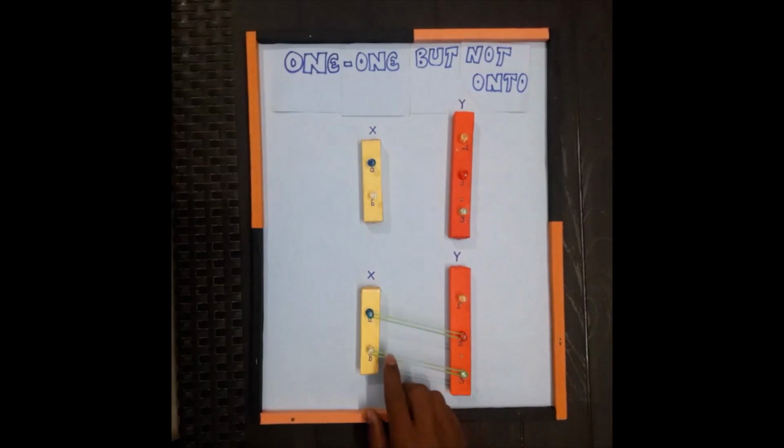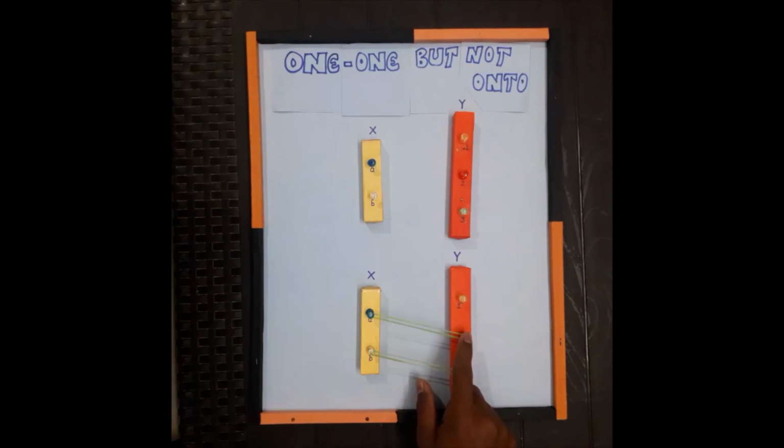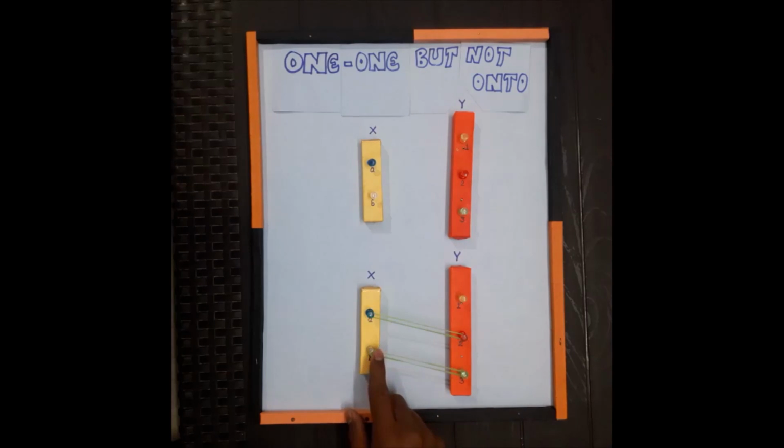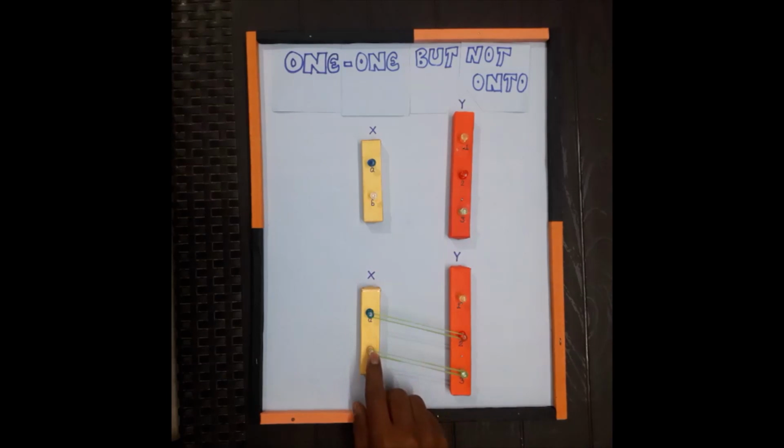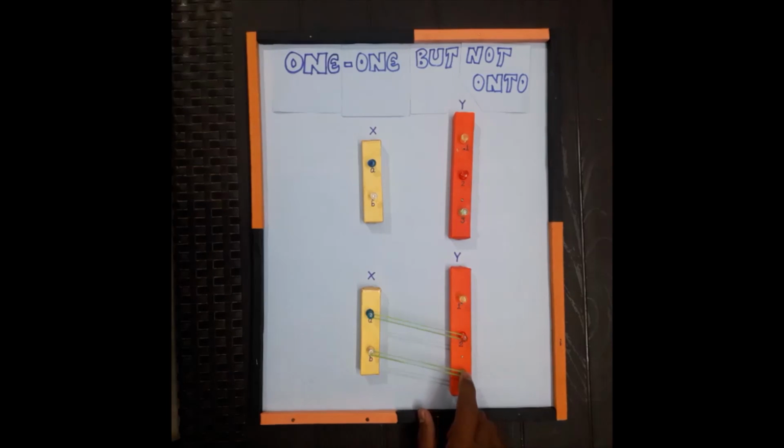Here I have joined element a to element 2 of y and element b to element 3 of y. Now it is clearly shown that the image of element a of x in y is 2 and the image of b of x in y is 3.